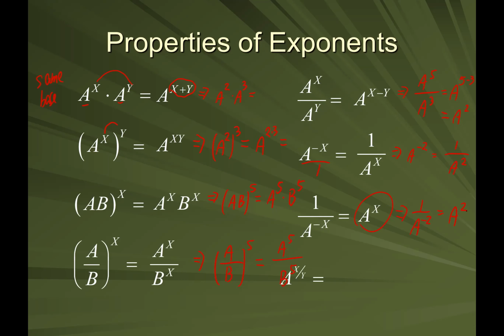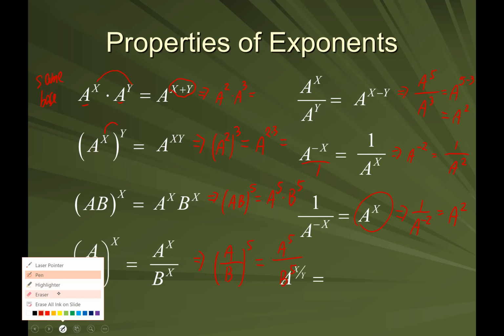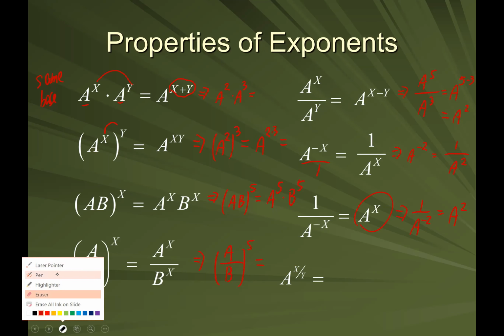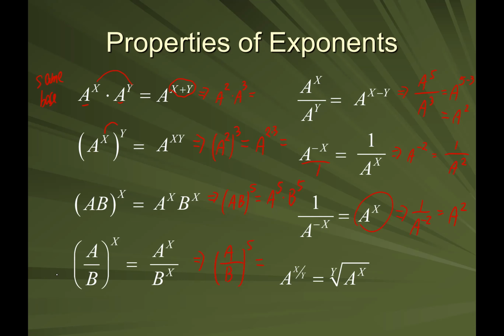All right, so the very last one is a raised to x over y power. Okay, so similarly, you can distribute it. So it becomes the y-th root of a to the x. So the power on the numerator becomes the power to the x, and the denominator becomes the root. So this is a to the x, root y.